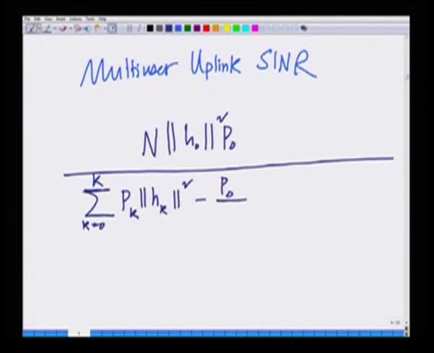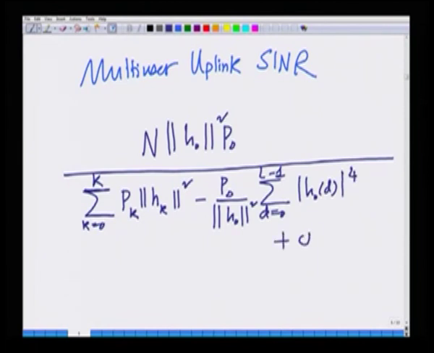P naught over norm H naught square, summation d equals 0 to L minus 1, magnitude H naught d to the power 4, plus sigma n square.